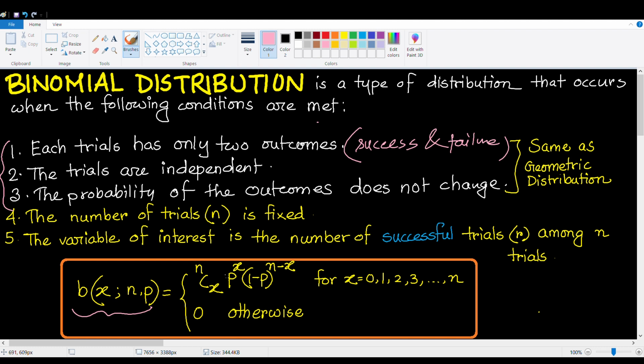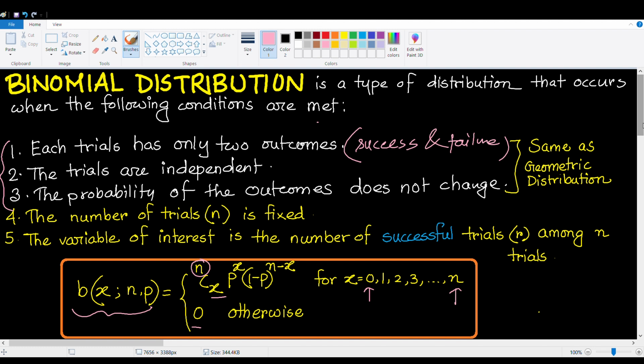The number of ways to choose any X trials from n is nCx, then the probability of success in all X of them will be p to the power X, then the failure 1 minus p to the power n minus X, for X equals to any integer from 0 to n. And for any other values of X, the probability will be 0.